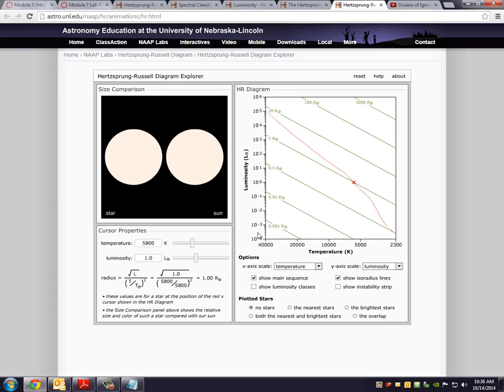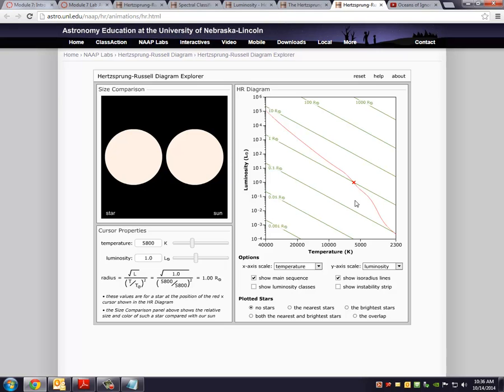This is what's called a logarithmic axis, and you'll have to understand your scientific notation here. 10 to the 0. Well, anything to the 0 is 1. So really 10 to the 0 is another way of saying 1. So this position on the graph is a star that has a luminosity of 1 with respect to the sun's luminosity. Well, that makes sense. This star has a luminosity of 1 solar luminosity.